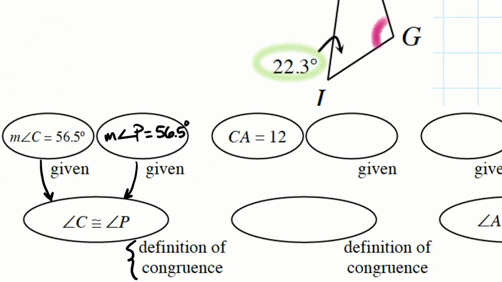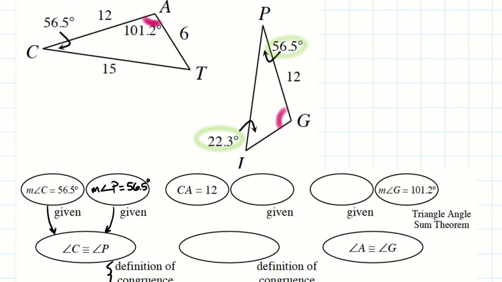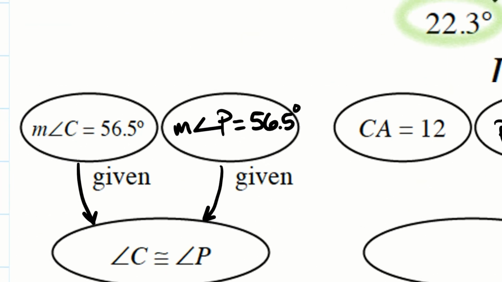Something similar is happening with the side lengths, right? They're talking about segment CA equals 12 and segment PG is also equal to 12 units. So now I can flip from talking about the lengths of the segments to the segments themselves. So a bit of notation, by the way, when you see M angle P, that's how I talk about how many degrees it has.